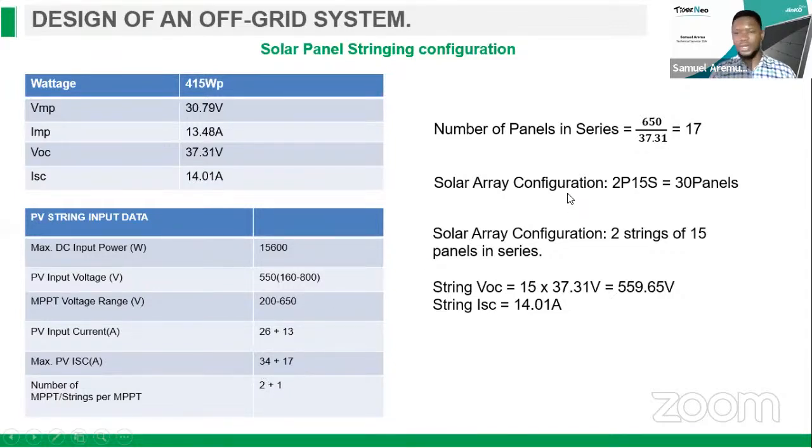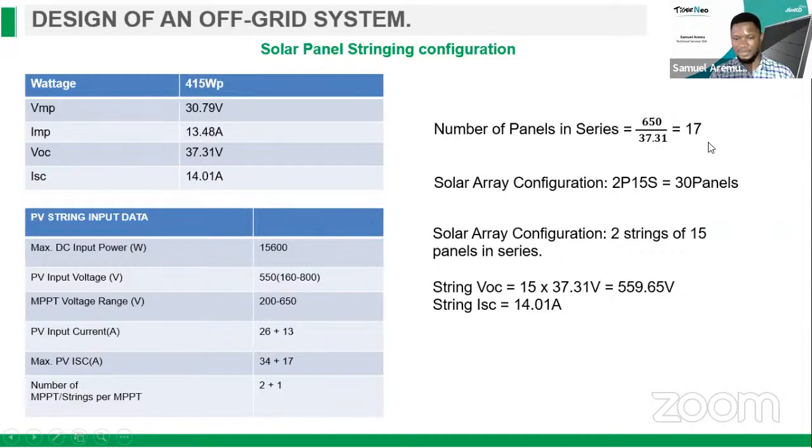To string our panels, we need to consider the temperature coefficient of that location, so that the voltage of your panels doesn't exceed the maximum PV input voltage of 800 volts. So in this scenario, I'll be using just 650 volts, divided by the VOC, which is 37.31 volts.